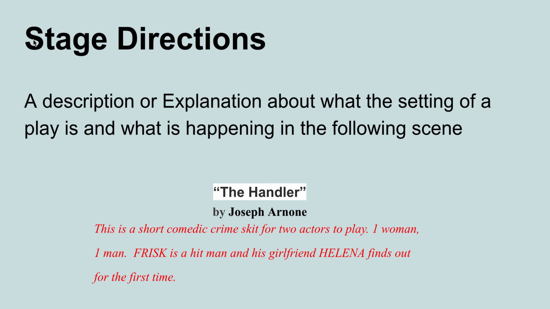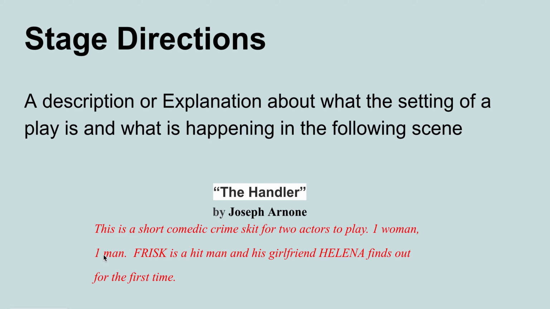The next word is stage directions. And stage directions is a description or explanation about what the setting of a play is and what is happening in the following scene. Here's an example from a play that we will look at in just a little bit. It says, this is a short comedic crime skit for two actors to play.